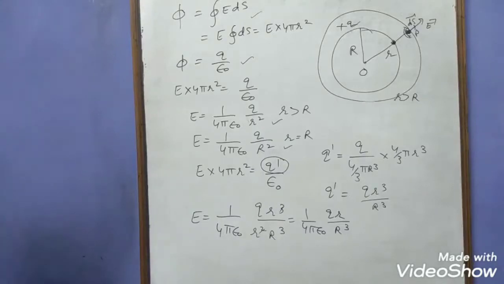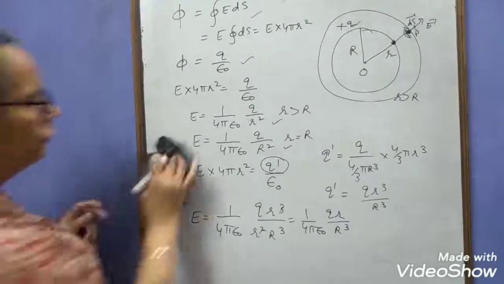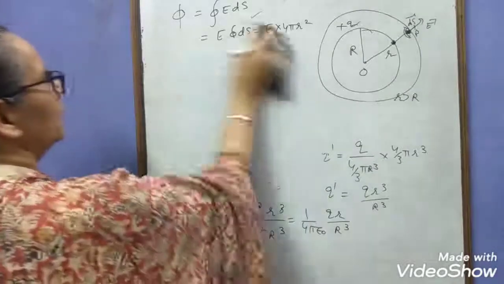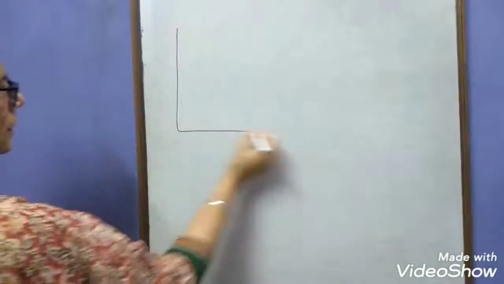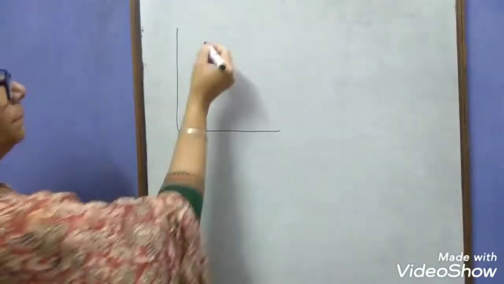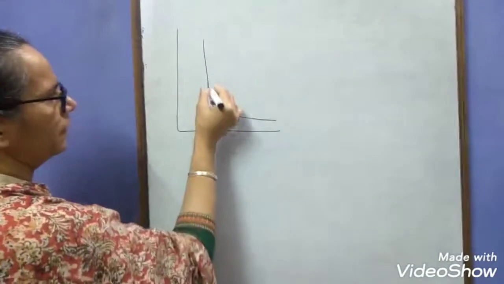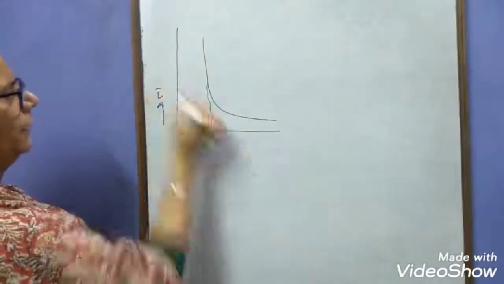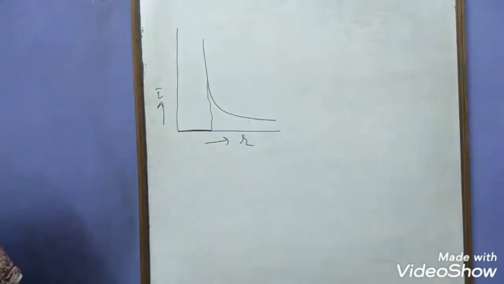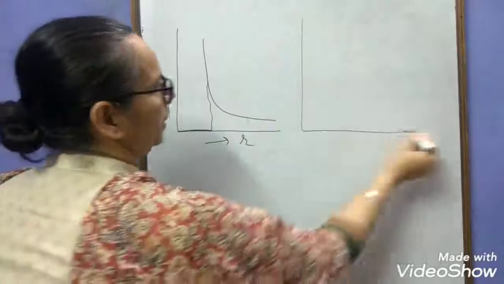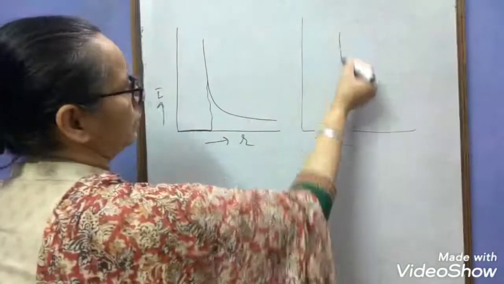Now if we draw the graph for both shell and sphere for the variation of this electric field, the graph for the shell is in this shape. This is the electric field, this is r, and this is inside the sphere. But when we consider it for the solid sphere, the graph outside is okay.